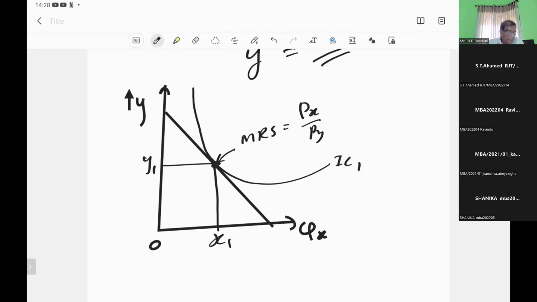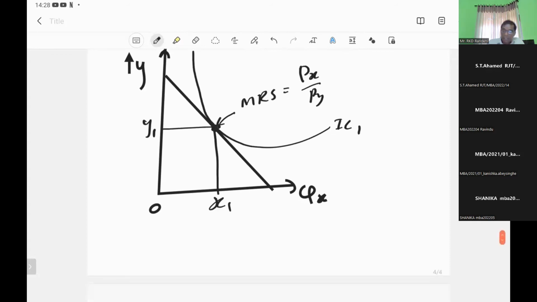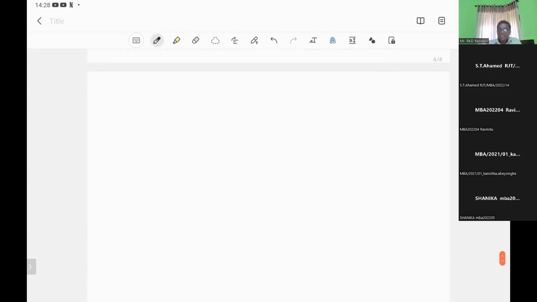Now assume a change in the consumer income. Right? Effect of the change in the consumer income.